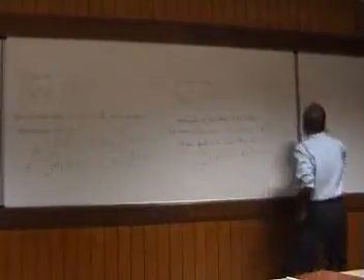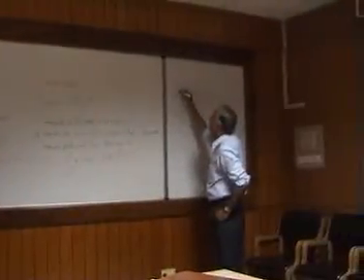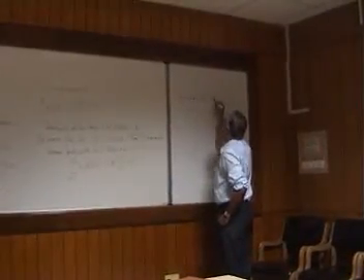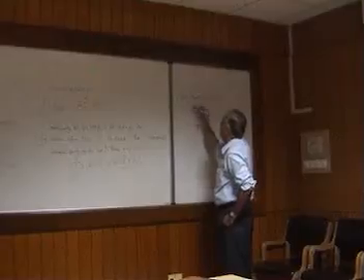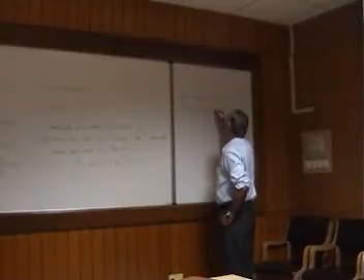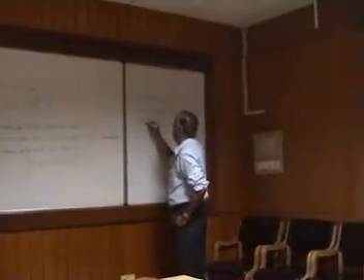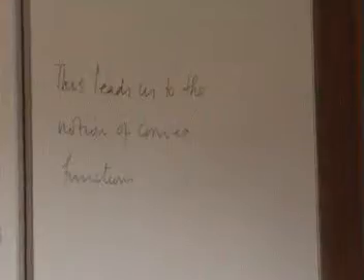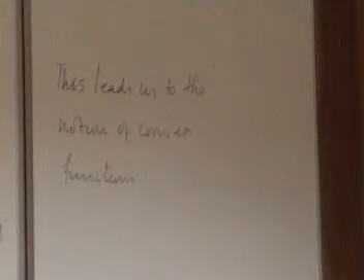Now, this leads us to the notion of convex function. I will just discuss it at the minimal level. I will not get the most general form of this, even abstract vector spaces and things like that. What do we mean by this?